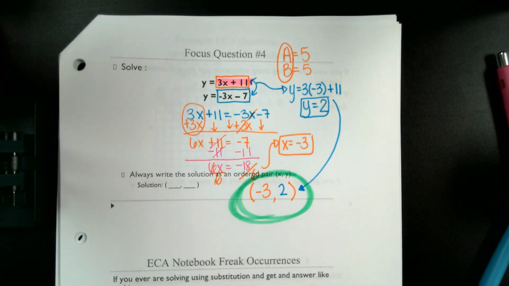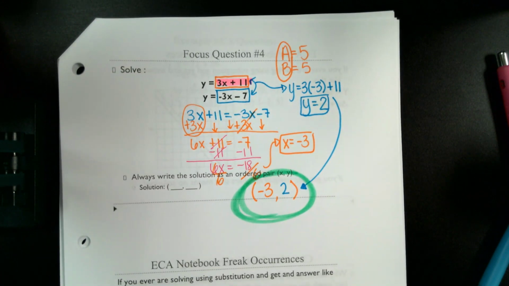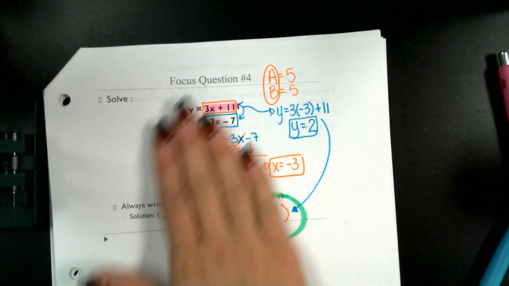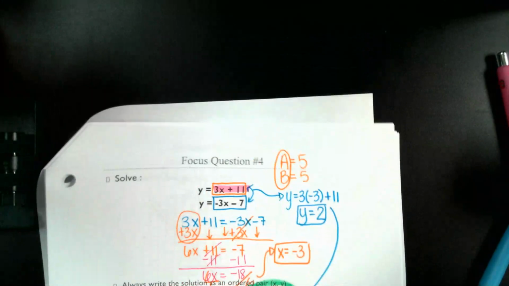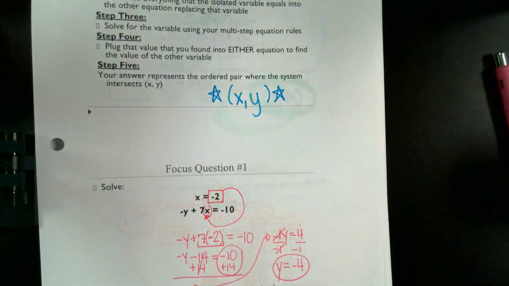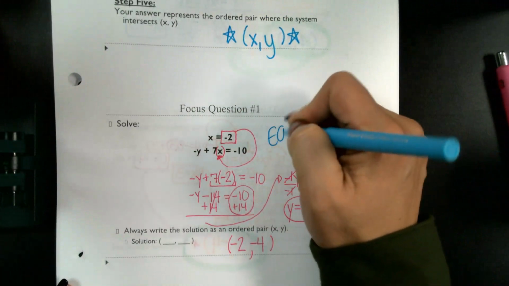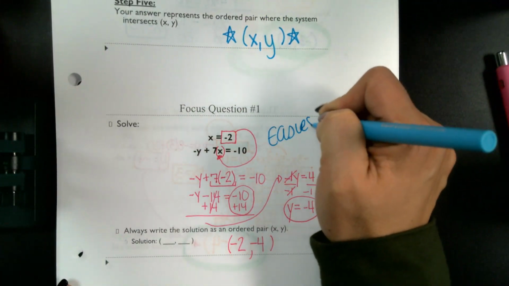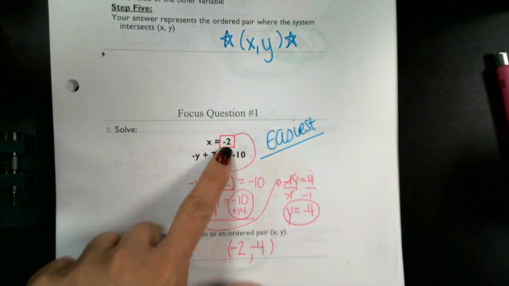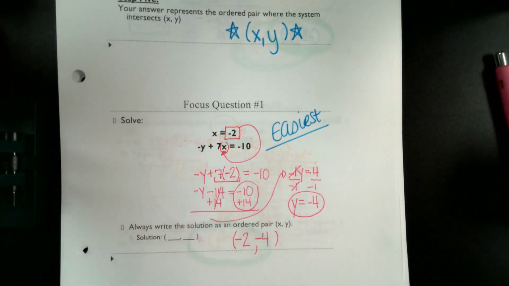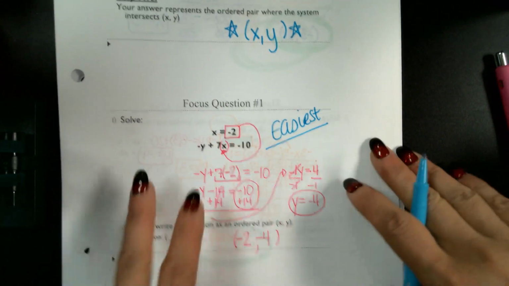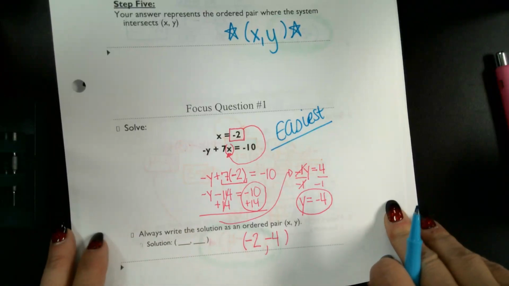How do you guys feel about that? Is that okay? Those are the three different types of substitution. This kind I would consider to be, well, actually, let me go back to this one. The very first one I did, if I were to rate these, this one here was the easiest one because they already gave us one of our answers. So I would consider that focus question number 1 the easiest.